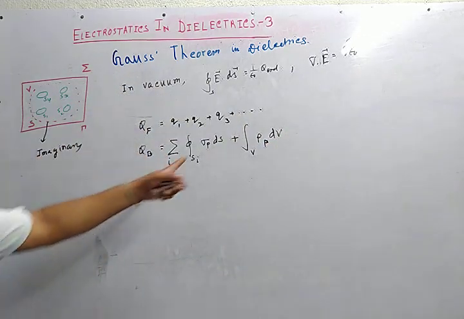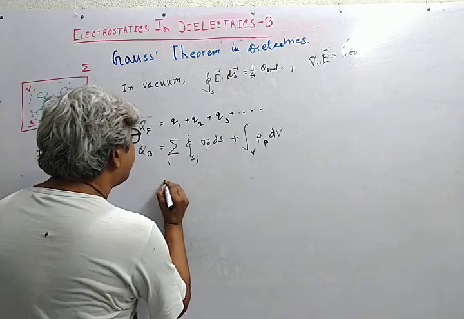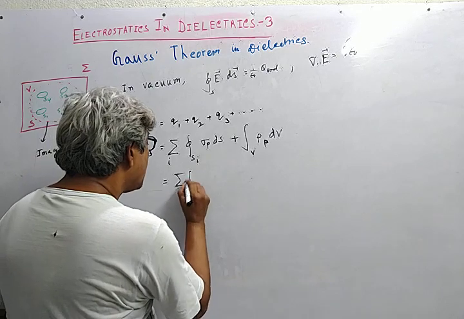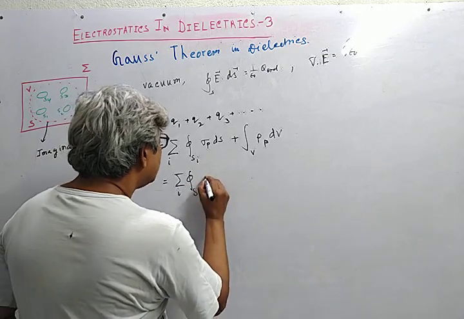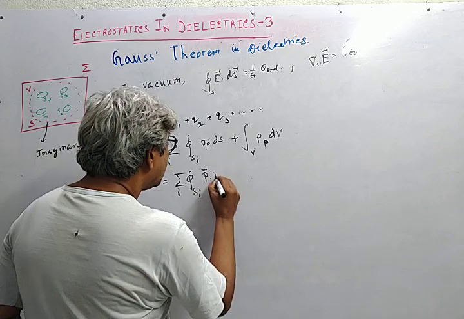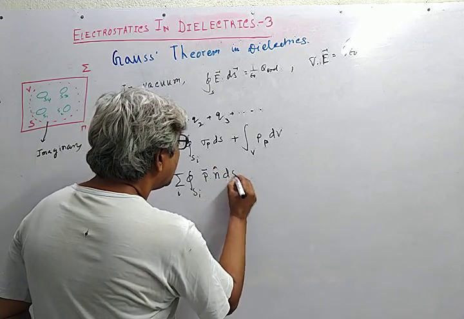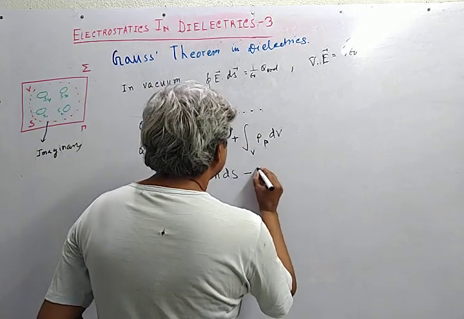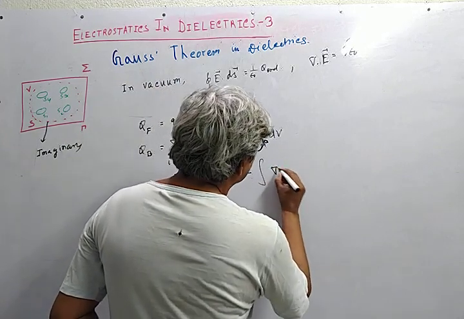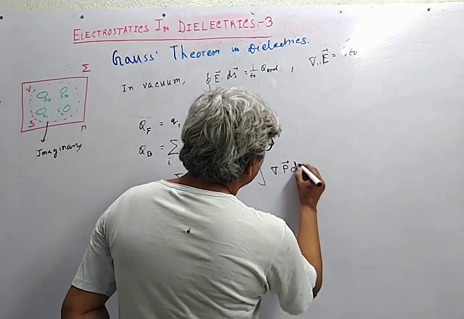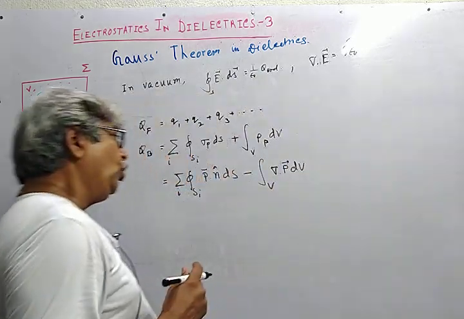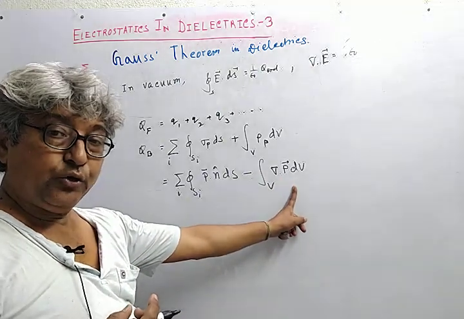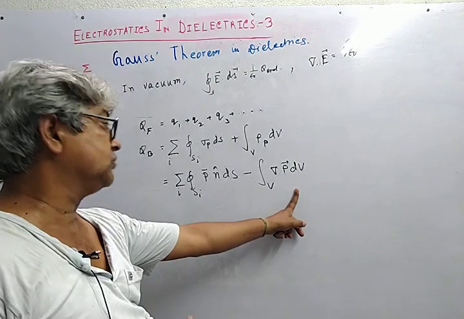Now you write the expression for sigma p. And for this, we can convert this volume integral into a surface integral using Gauss's theorem.